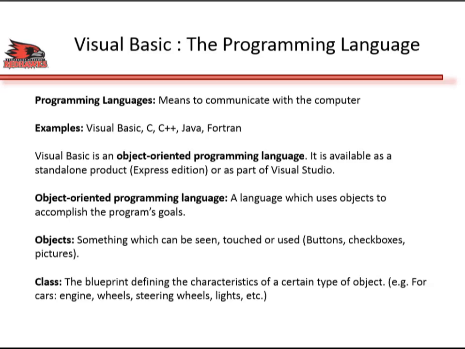Okay, so coming back to what an object-oriented programming language is, basically, as I mentioned, it's focused around objects, and it uses these objects to do the tasks or whatever it is assigned to do. Now, what are objects?